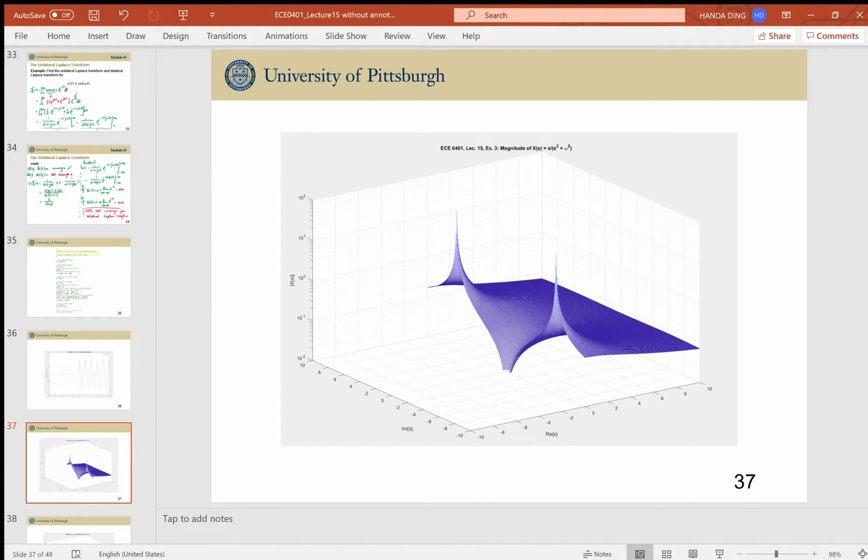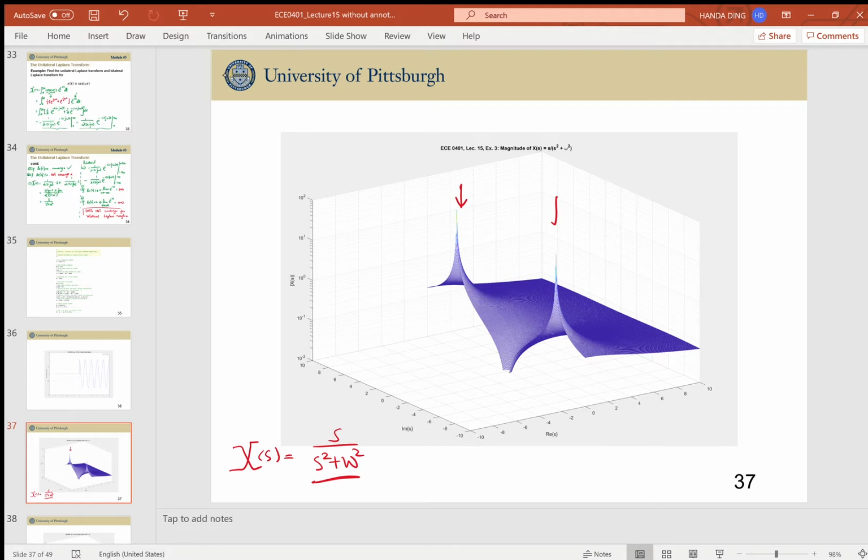So that's your amplitude. Remember our result, the final Laplace is second order. We have two poles in here. We'll talk about the poles a little bit later.